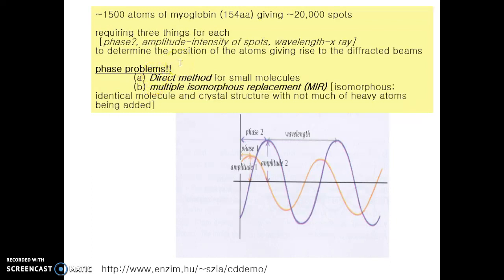There are several ways we can overcome this problem. The first one is the direct method. This could be applicable for small molecules. It's not possible for complex molecules like proteins. And the second technique is called multiple isomorphous replacement, simply MIR.